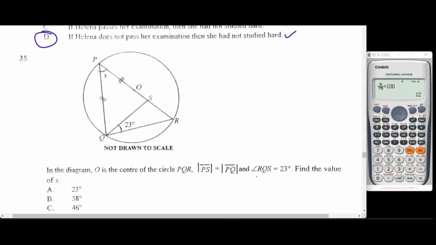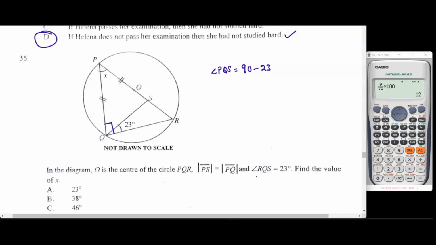Now from all indication, we have a center, and line PR passes through the center. So it tells us that any angle subtending on the line PR at the ends of that diameter is automatically 90 degrees. So the full angle at Q is 90 degrees. So if I want to look out for angle PQS, angle PQS will be equal to 90 minus 23.